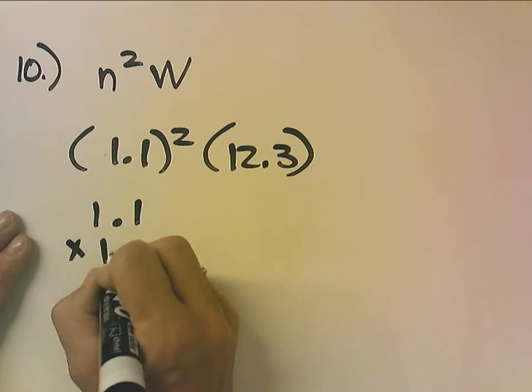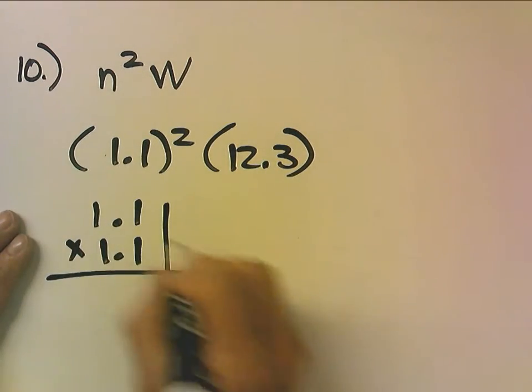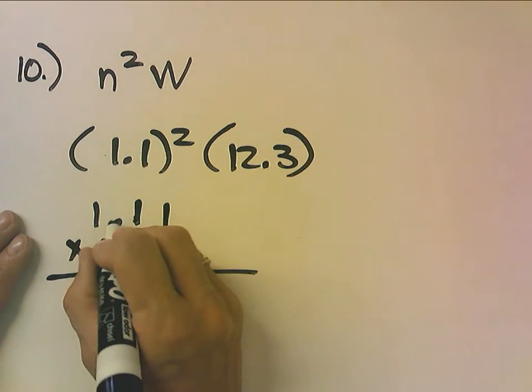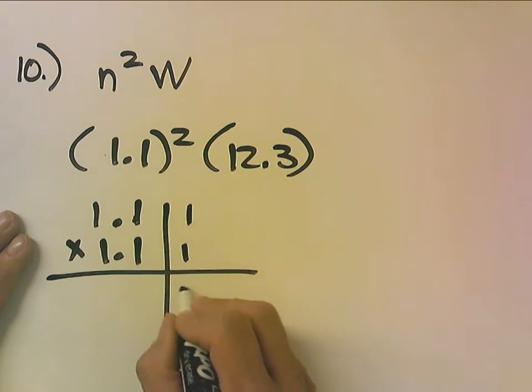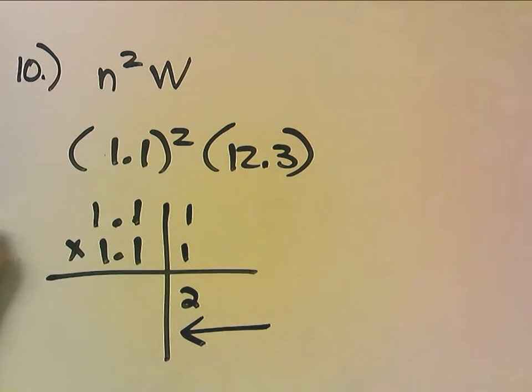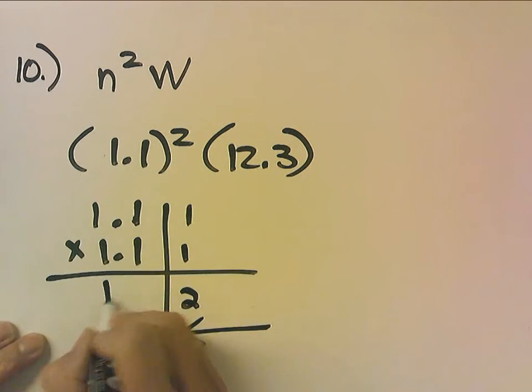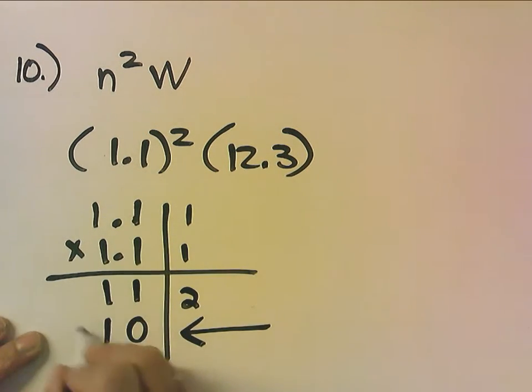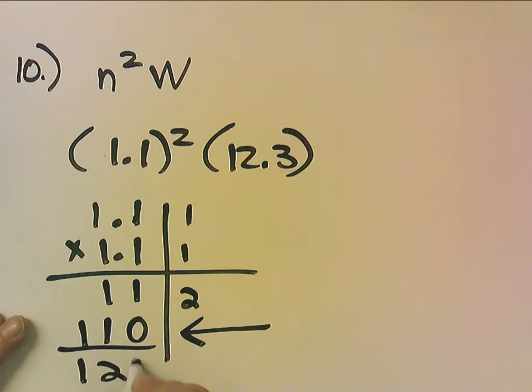1.1 times 1.1. I count the number of numbers after the decimal, 1, 1, a total of 2, which means I'm going to move my decimal over, once I get the answer, 2 places to the left. 1 times 1 is 1, and then 1, 1. So I get 121.